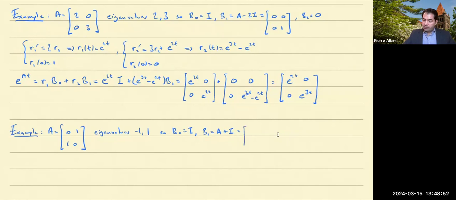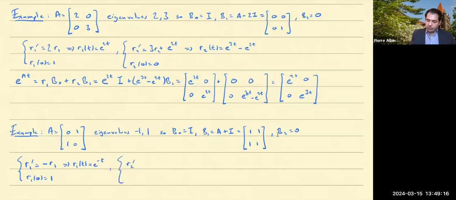So here, A plus the identity would be 1, 1, 1, 1. And then B2, I don't need to compute. It's 0 by Cayley-Hamilton. Coefficient functions, R1 prime would be equal to minus R1. R1 of 0 is equal to 1. So this has solution e to the minus t.